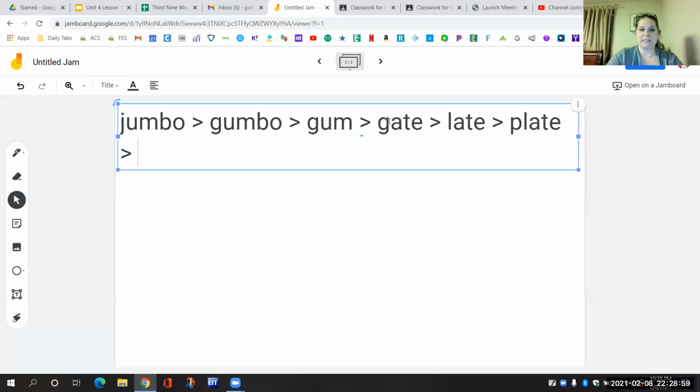Plate. Good. So now we're going to change the t sound to n. The new word is plane. Good. All righty. So now we're going to say that word without the l sound in it.